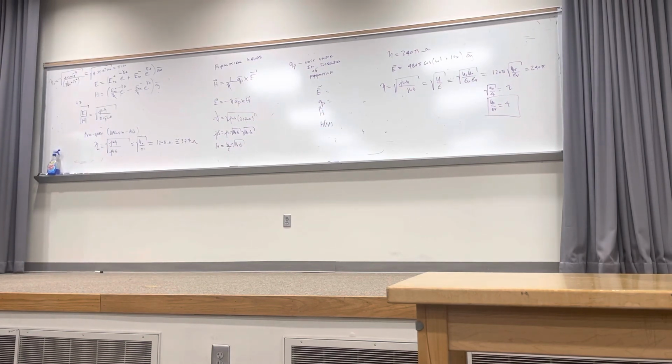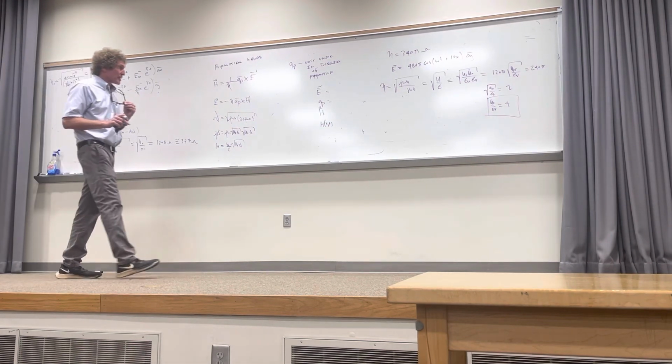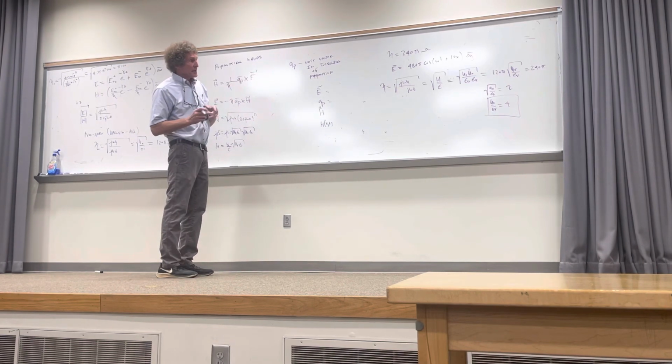Okay. Well, he's not asking for epsilon and mu though. Okay. So he gives us beta as 10.